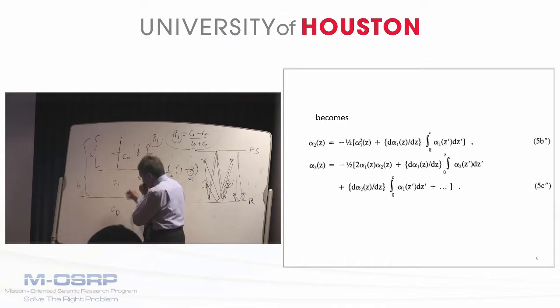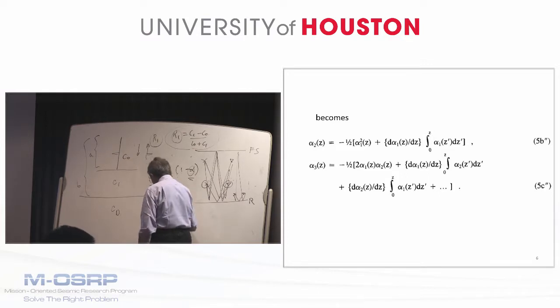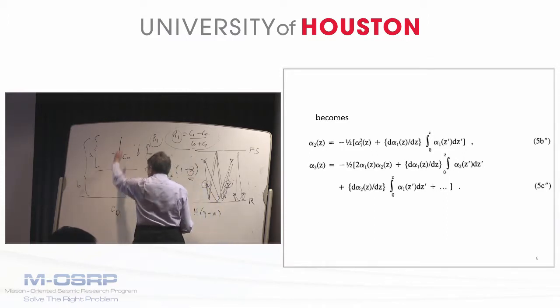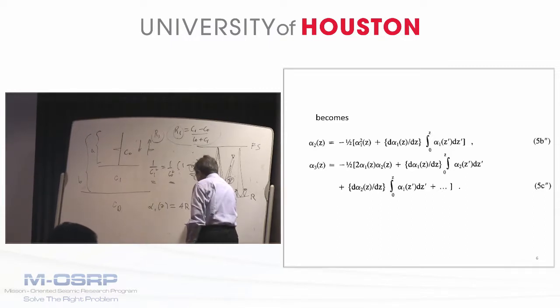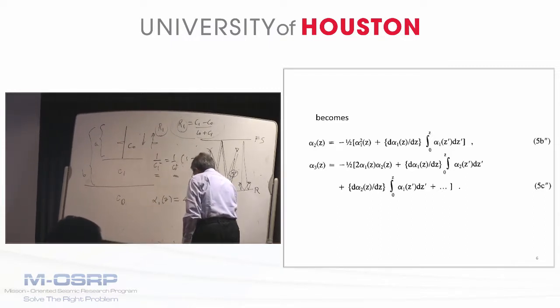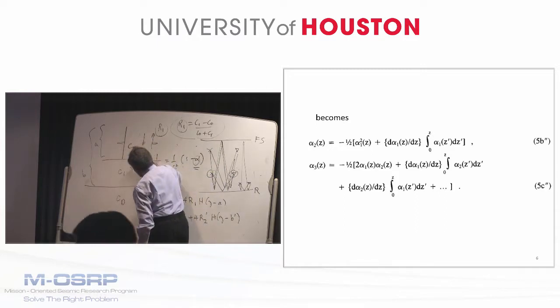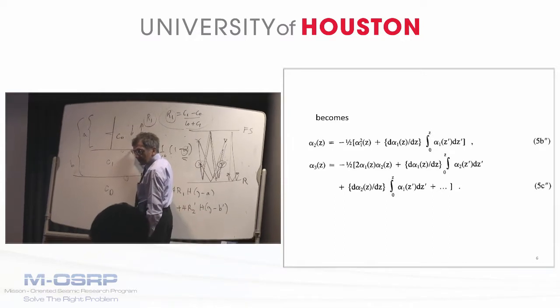So for a problem like this, the linear term is going to look like this. Alpha 1 of z is going to be 4R1 h of z minus a from the first primary, and from this primary, it's going to be 4R2 prime h of z minus b prime. In other words, it takes the amplitude of this event, which is this reflection coefficient times transmission, yes?